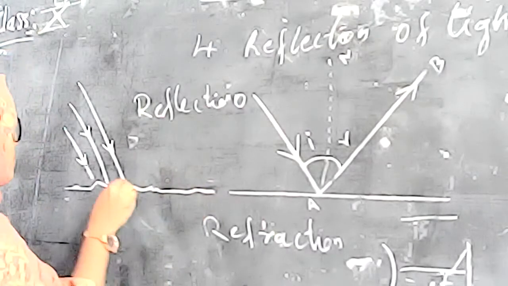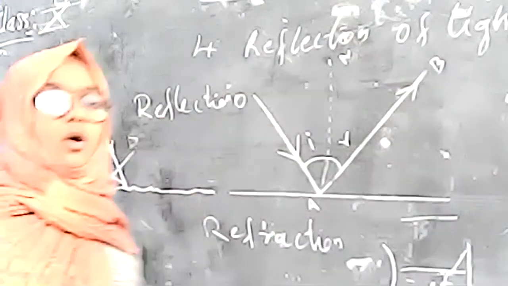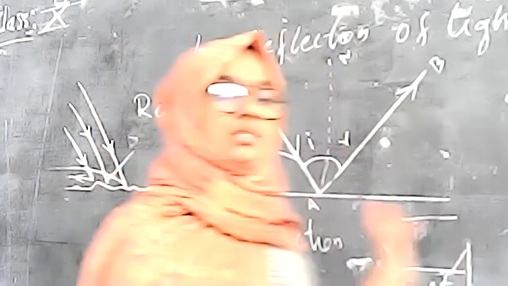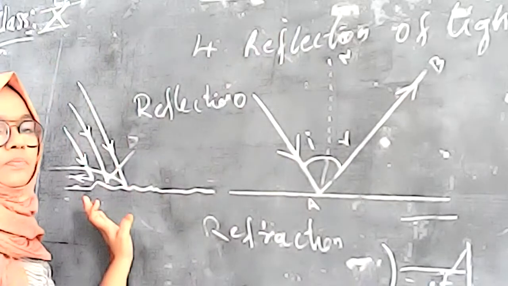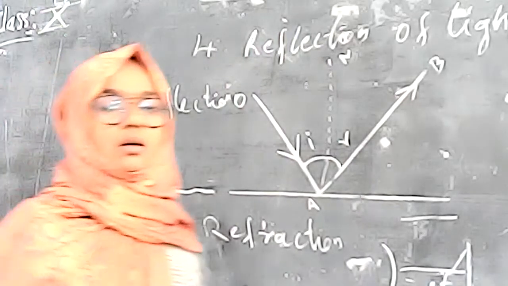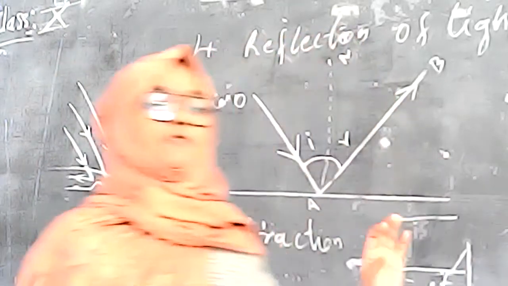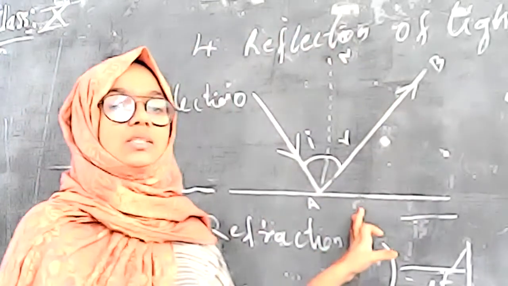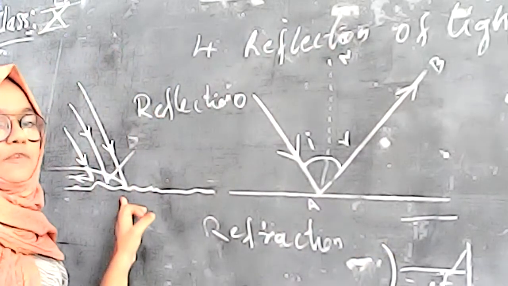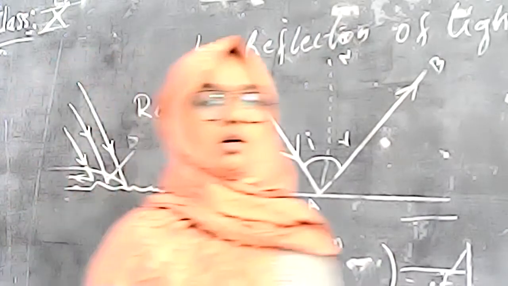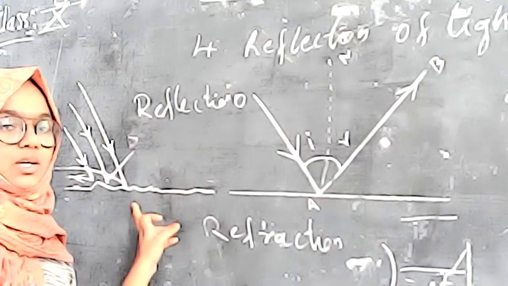They may go to another side, because the rough state of the surface causes a scattering of light. There is no regular reflected angle. So regular reflection occurs only when light is incident on a smooth surface, but when it is incident on a rough surface, there is reflection, of course, but it is not regular reflection. That is irregular reflection.